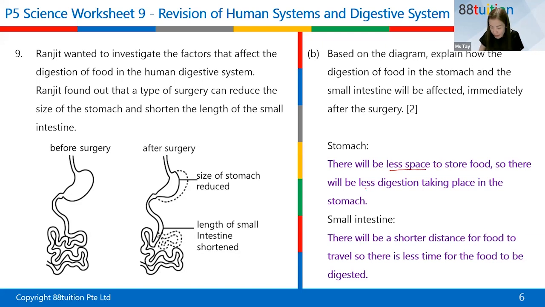So there'll be less digestion taking place in the stomach. And then small intestine, once the length is shortened, distance for the food to travel is also lesser. So there's less time for the food to be digested.